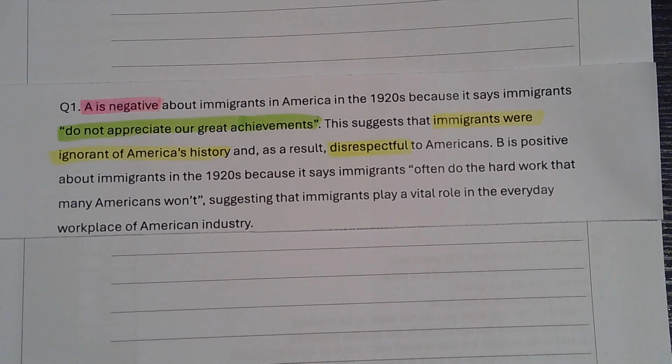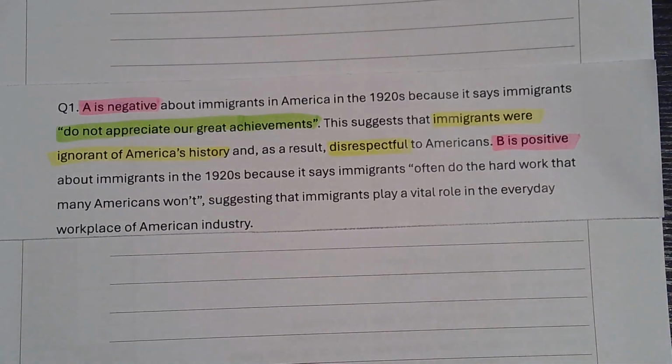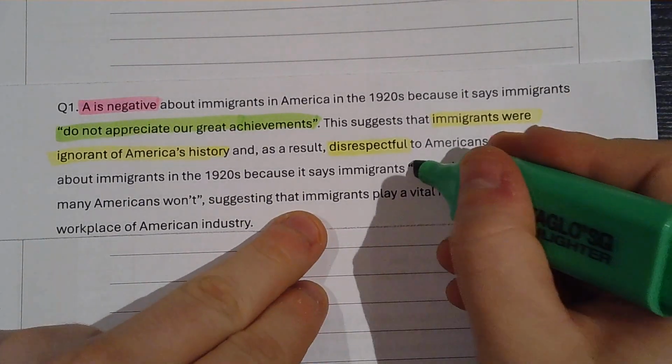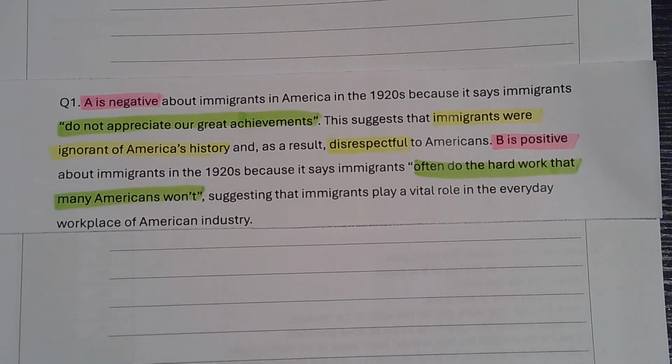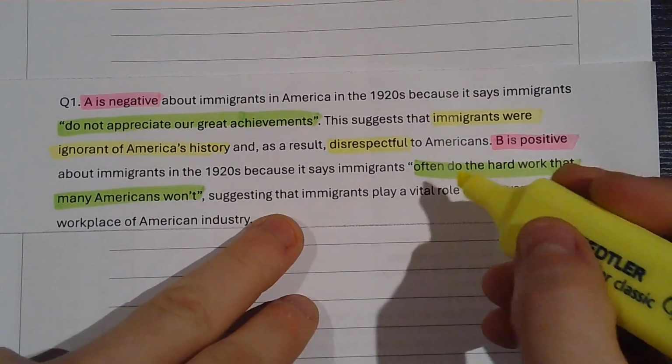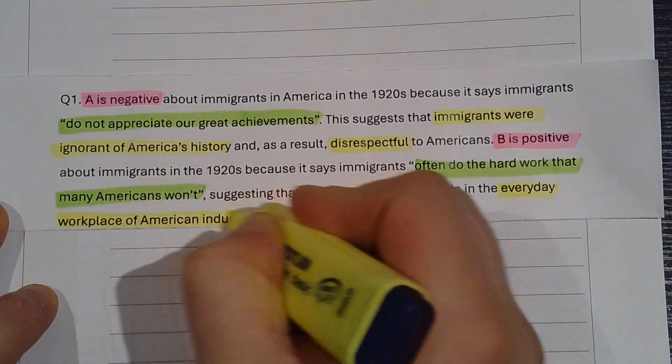I've then gone on to identify how this differs. Well, they differ because B is positive about immigrants in the 1920s, because it says immigrants often do the hard work that many Americans won't. And again, I need to now use some of my own words. What does this suggest? Well, it suggests that immigrants play a vital role in the everyday workplace of American industry.